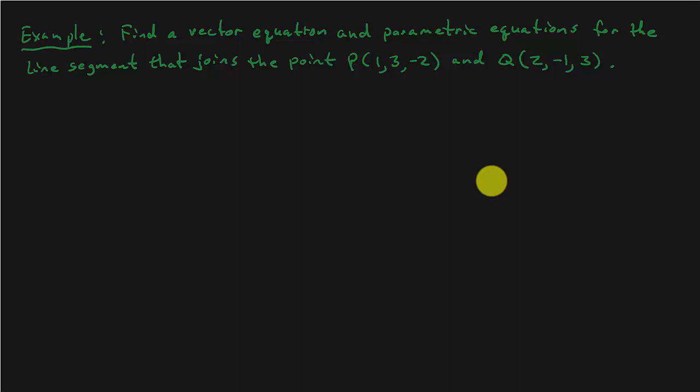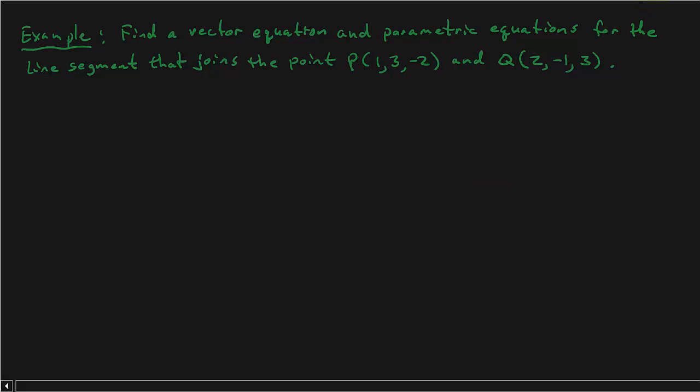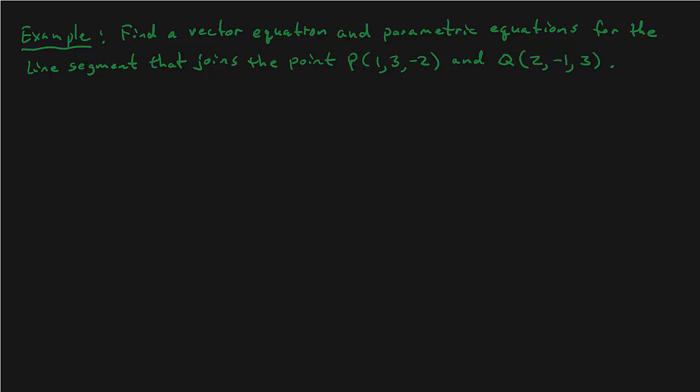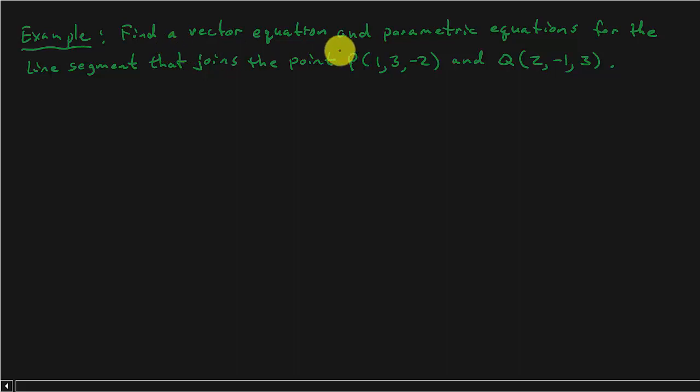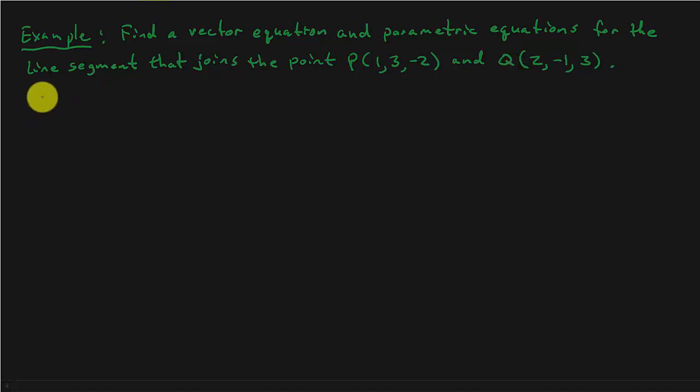So if you recall back from the earlier sections, I think it was the section on lines and planes. And remember, what do they want? A vector equation and parametric equations. Let's go ahead and get the vector equation.